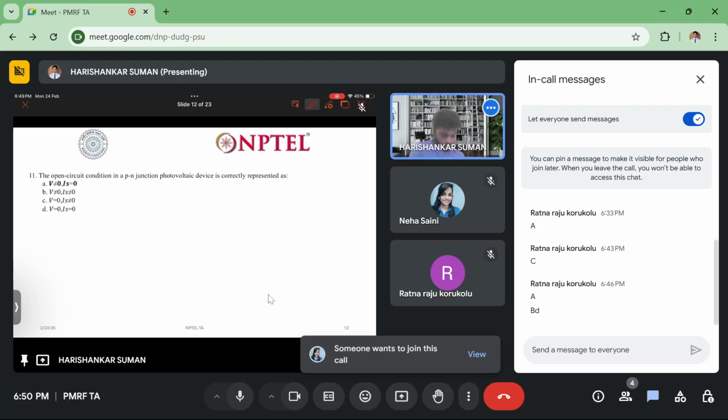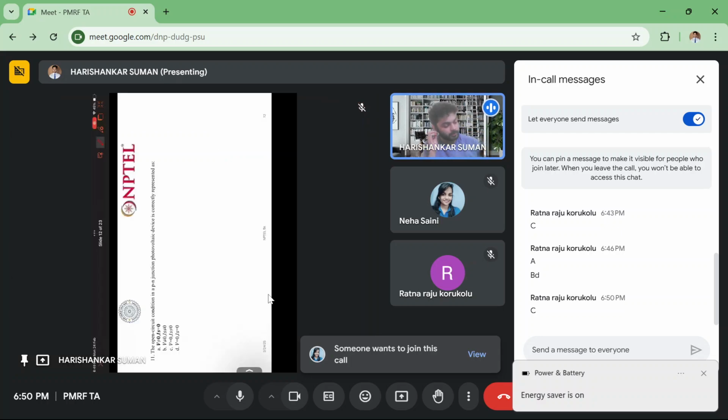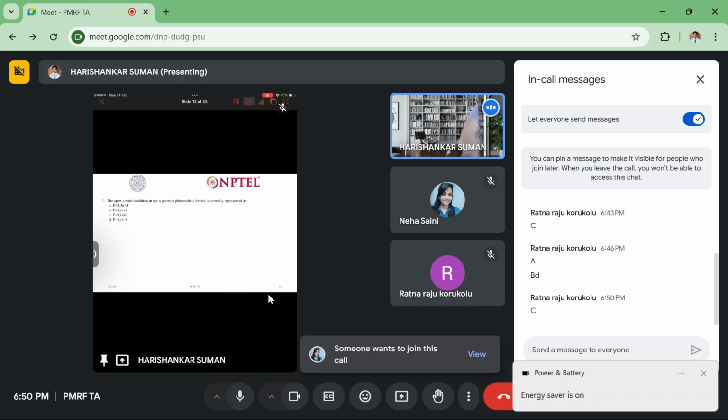So the open circuit condition, the device is correctly represented as... Please answer. Let me put the charts.